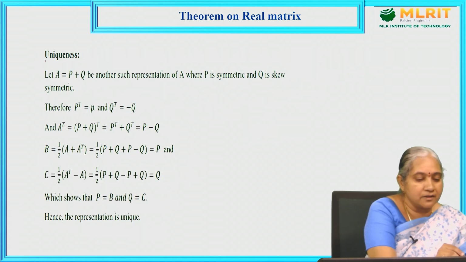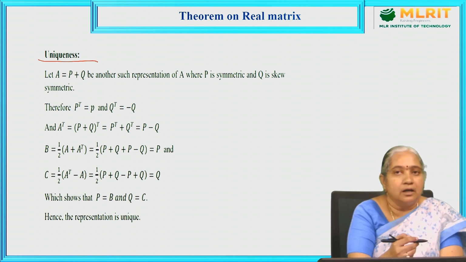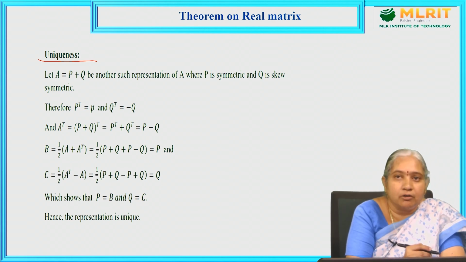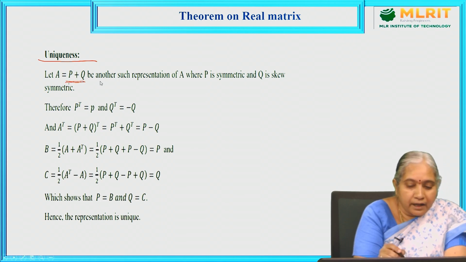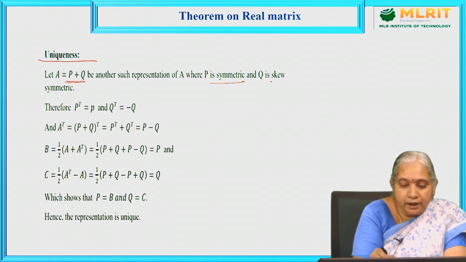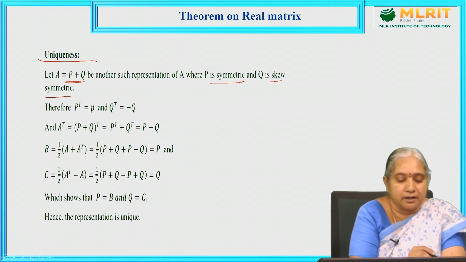So the uniqueness part. Suppose we take another representation of a square matrix as A equals P plus Q, where P is symmetric and Q is a skew symmetric matrix.